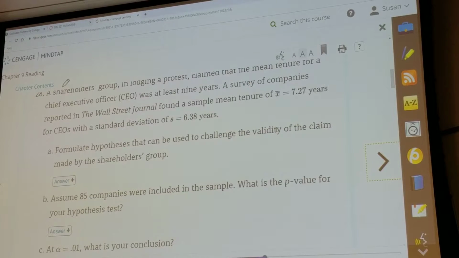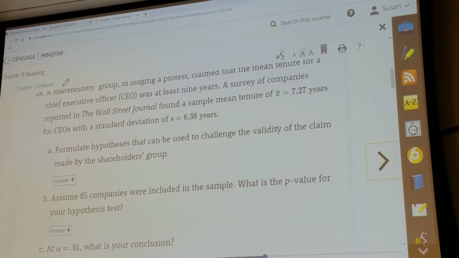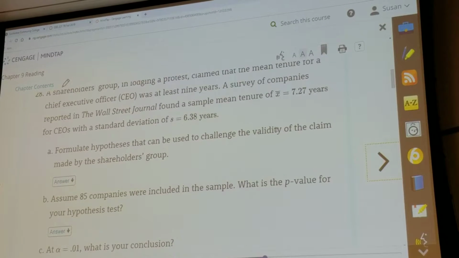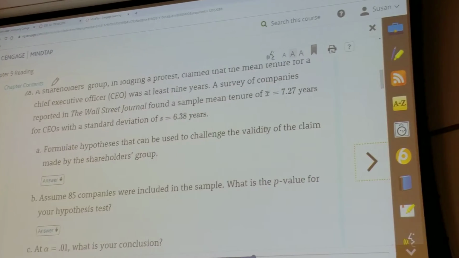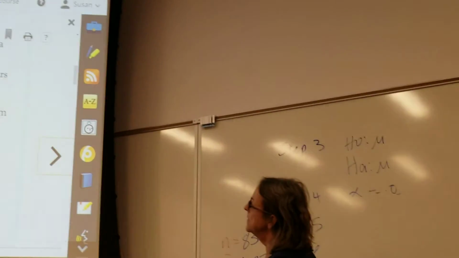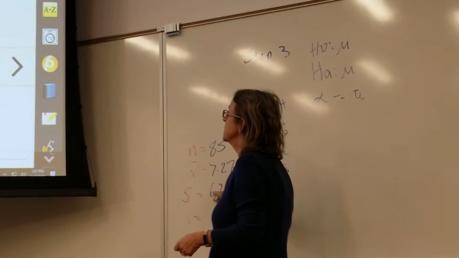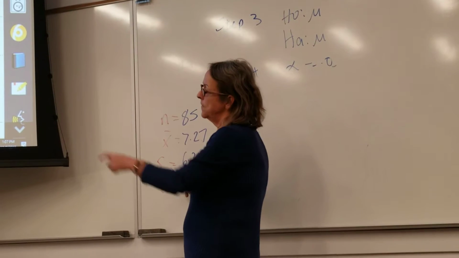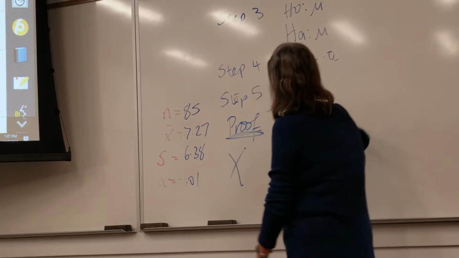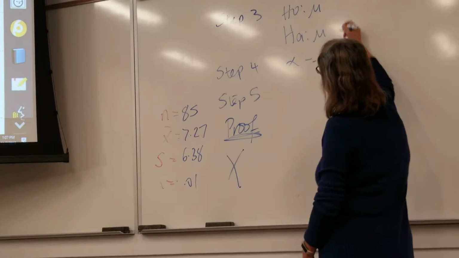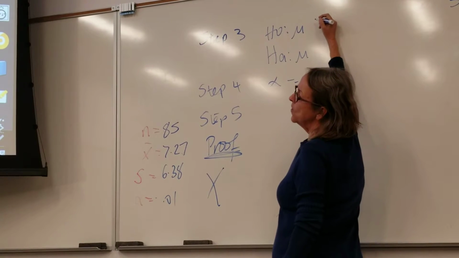Okay, we're going to do all this stuff here. Let's do this. So with this question, n is 85. It says that in part B. And the x-bar they got was 7.27, and the standard deviation 6.38, and alpha in part C says 0.01.